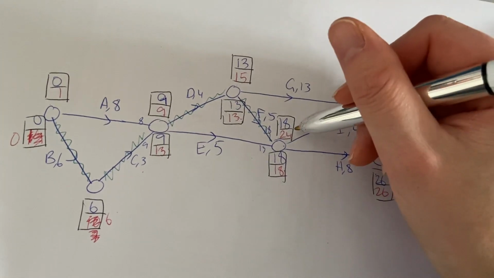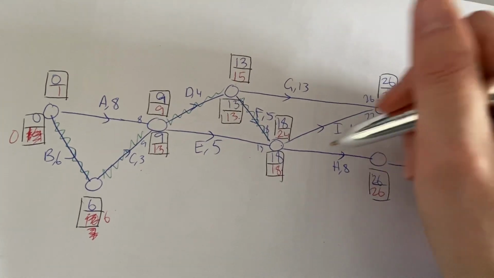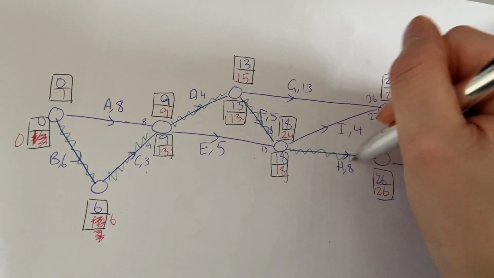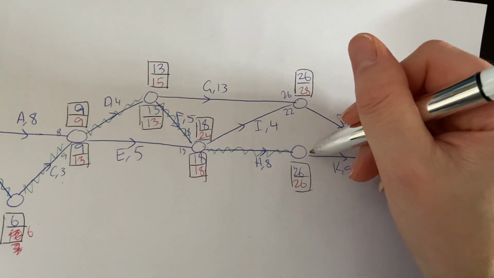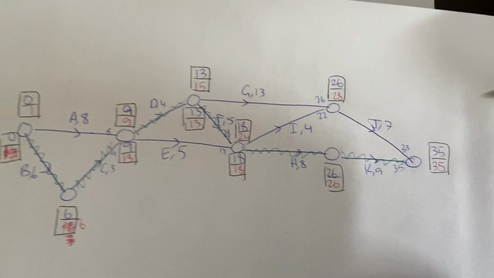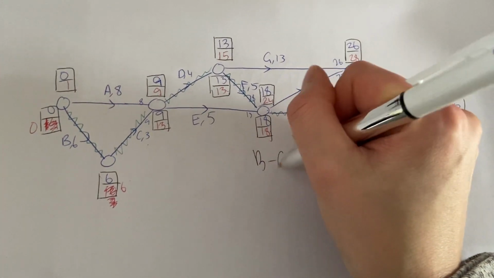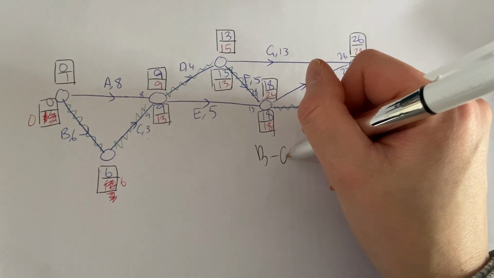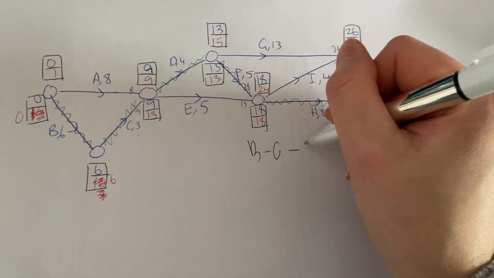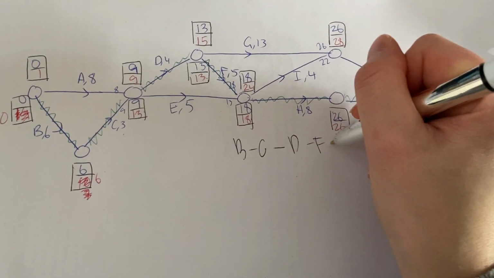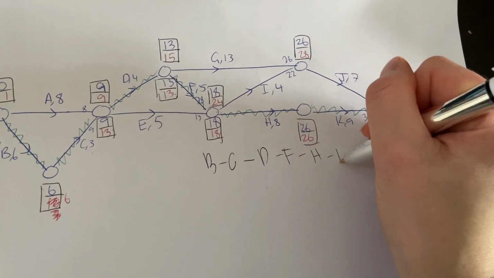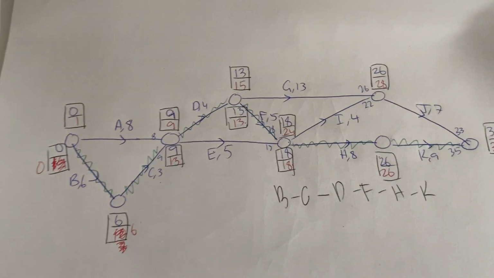And then this is not critical, so I is not critical, and now it's going to be H. And these two are the same as well, so K is critical. So it has changed: C, D, F, H. Okay, cool.